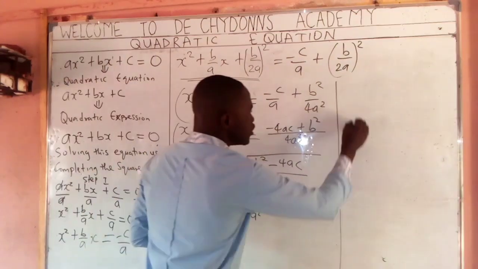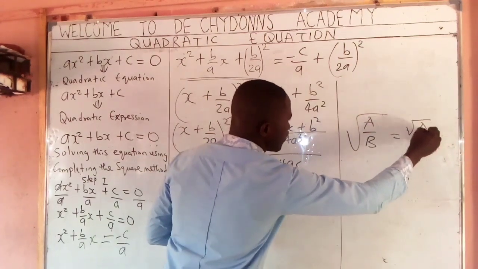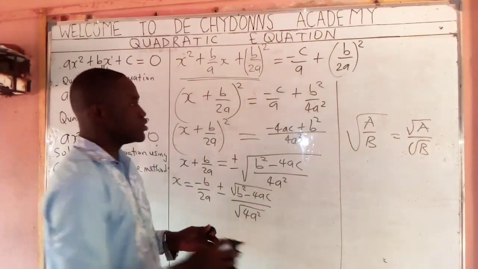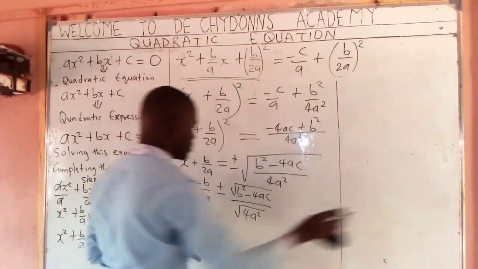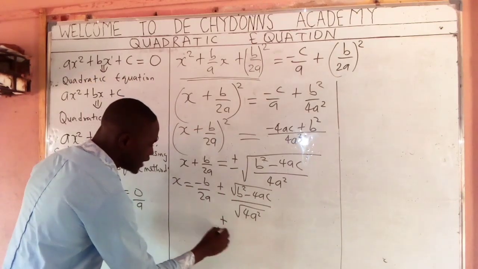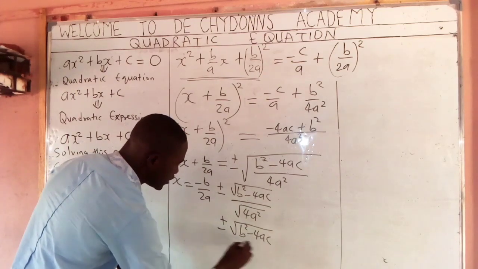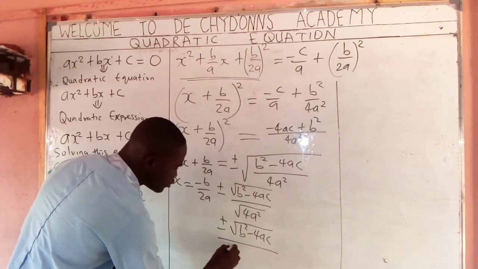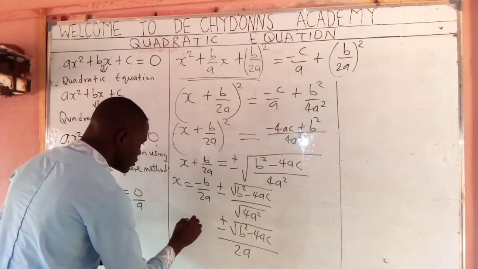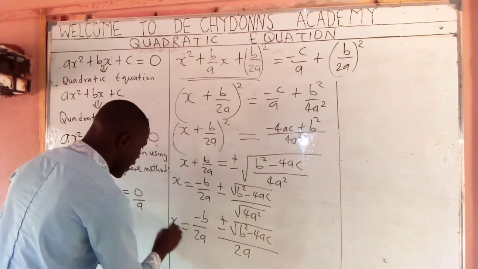Yes, that is because the square root of a over b is the square root of a all over the square root of b, from laws of surds. This does not have an exact square root, so you write it the same way. Square root of b squared minus 4ac all over 2a, then minus b over 2a equals x.